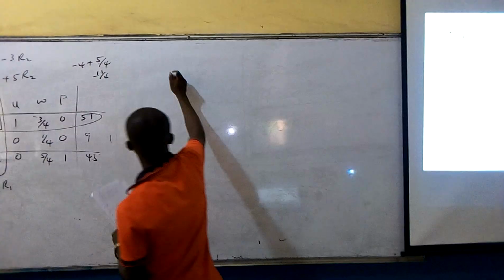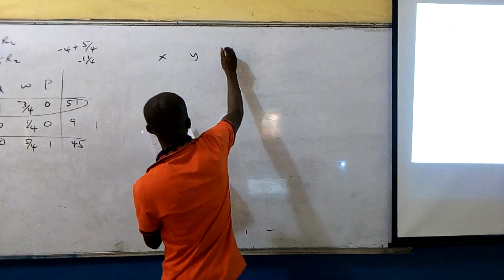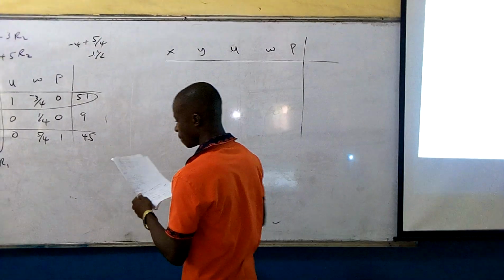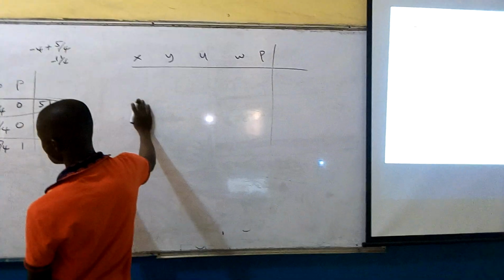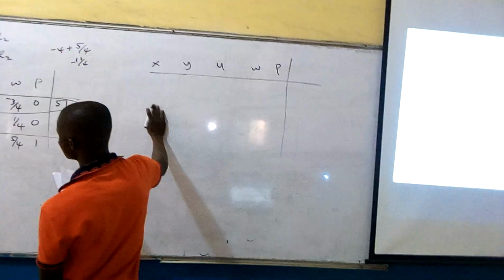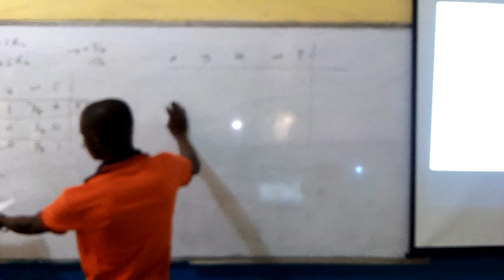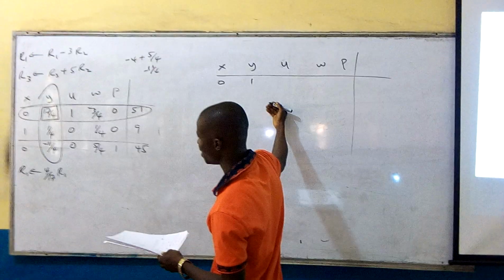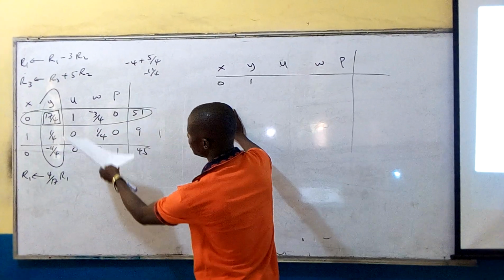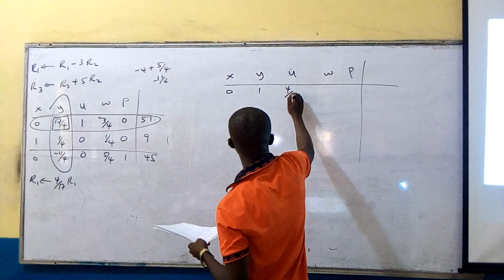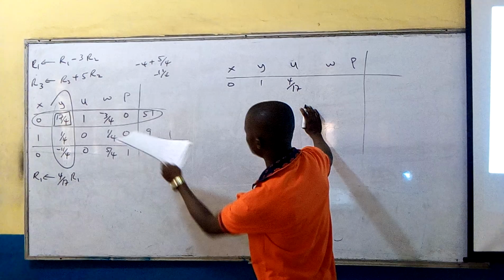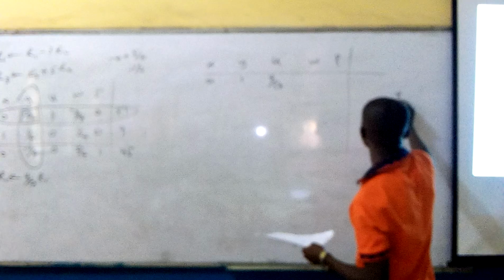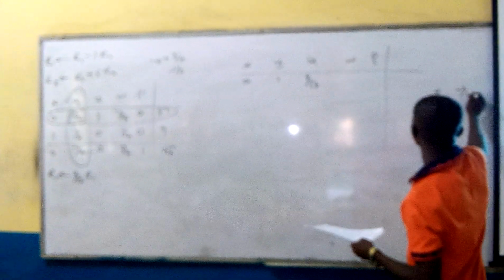So row 1, you have X, Y, U, W, and P. So let's look at this. Row 1 is 4 over 17 times row 1. So 0, this will be 1, right? So this is 4 over 17. What will be this? You have 4 over 17 times negative 3 over 4.